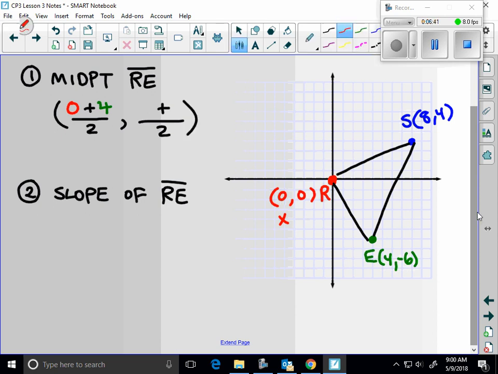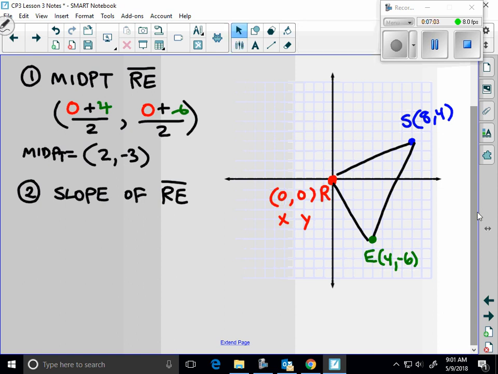I have another 0 for my y, and a negative 6 over 2. Let's find that midpoint. Do a quick calculation. What's 4 divided by 2? 2. What's negative 6 divided by 2? Negative 3. So this right here is the midpoint of RE. All right, I'm going to draw that a different color. So 2, negative 3. If I would have sketched it perfectly, there it is. All right, that's our midpoint.